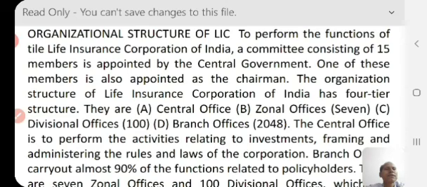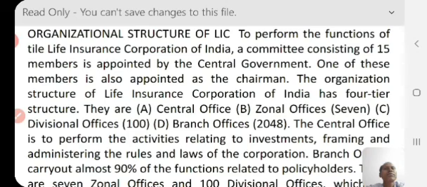As we know, the Life Insurance Corporation has been established in the year 1956, and to perform the functions, the LIC has a committee consisting of 15 members appointed by the central government.